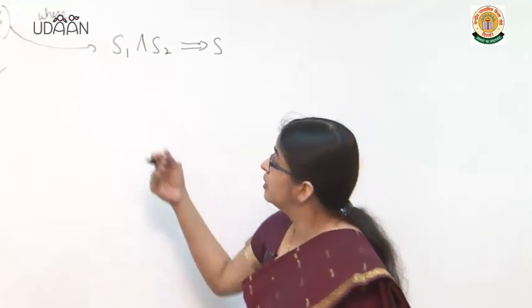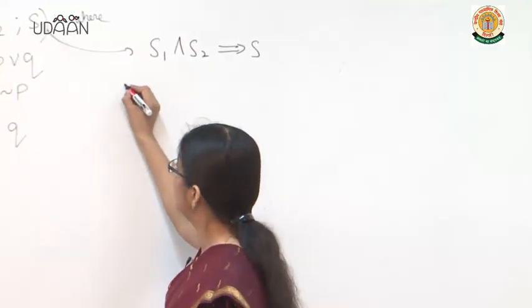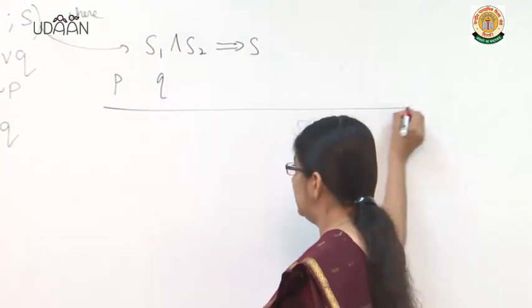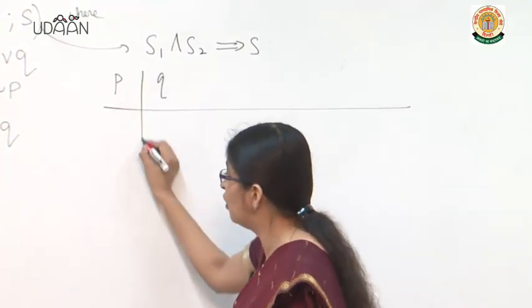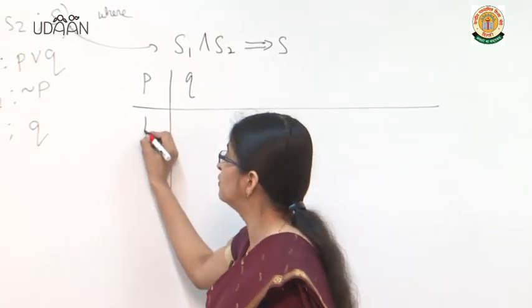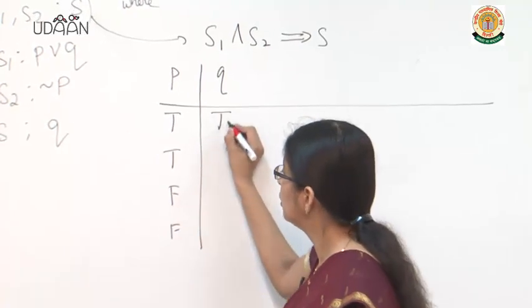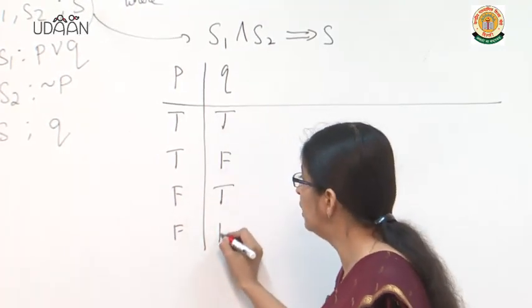How do we check? We have to make the truth table. P, Q, again only 2 statements are involved. So 4 rows: P is true, true, false, false; Q is true, false, true, false.